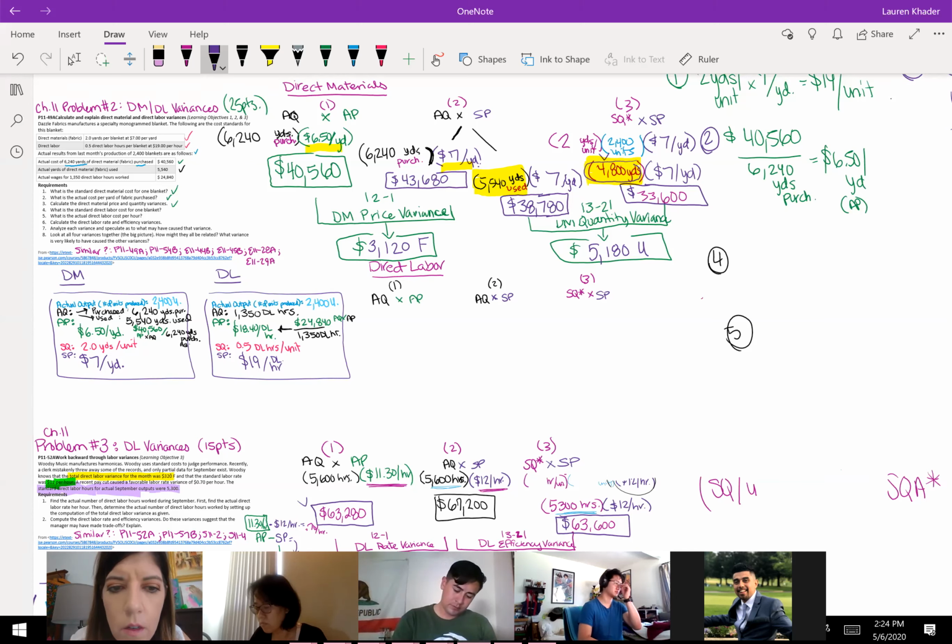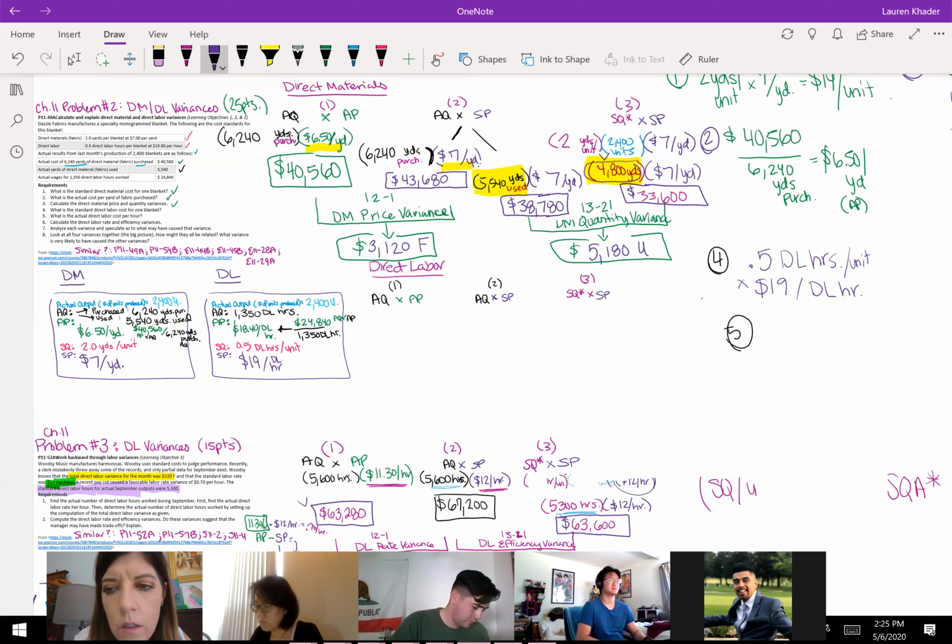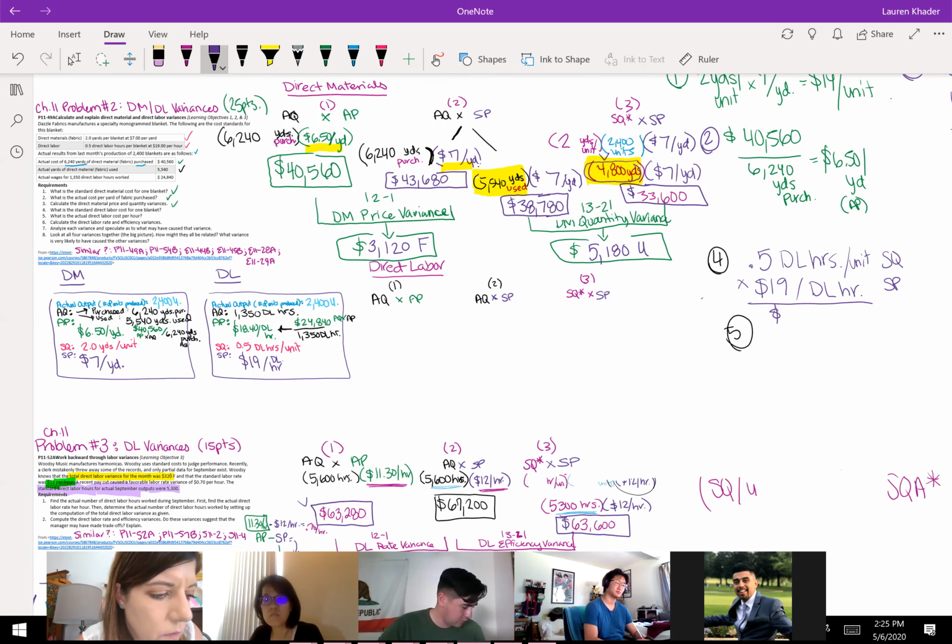You would take your standard quantity per unit, which is 0.5 direct labor hours per unit, times your standard price, which is $19 per direct labor hour, and you calculate $9.50 per unit in direct labor cost.